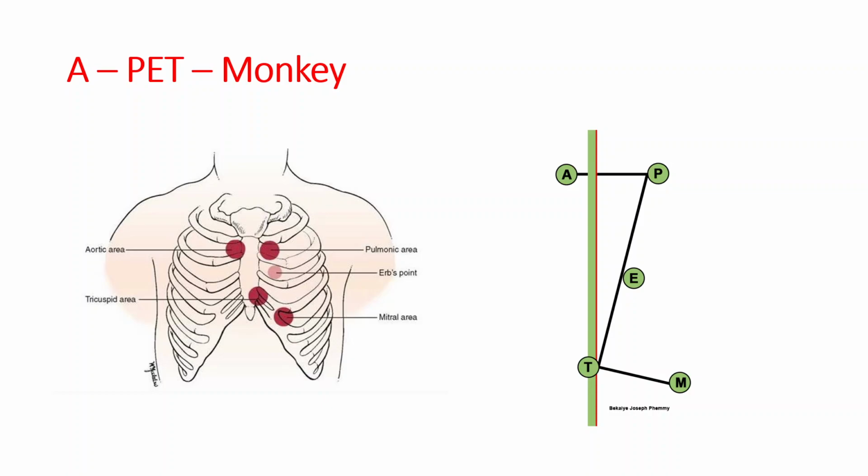So the A, aortic area, is at the second intercostal space on the right sternal border, whereas pulmonary area is on the left sternal border. The Erb's point is in the third intercostal space, the tricuspid is in the fourth intercostal space, left sternal border, and M is in the fifth intercostal space, mid-clavicular line. That's where the apex beat is. So we have 2, 2, 3, 4, 5.